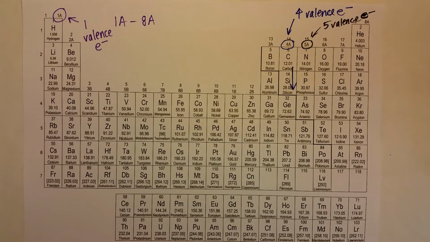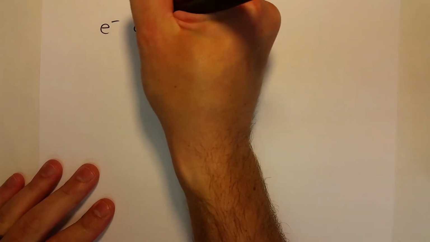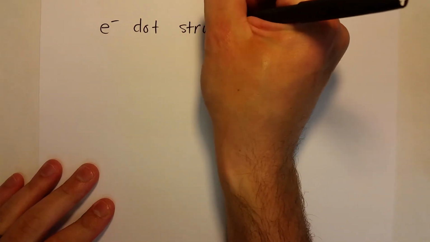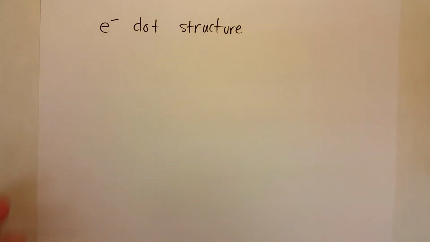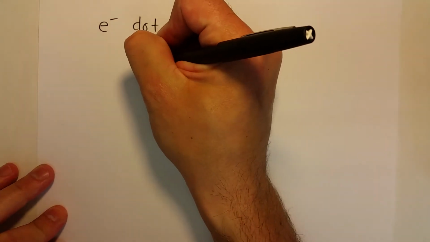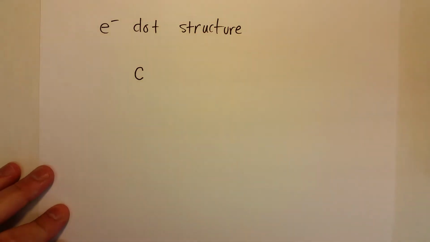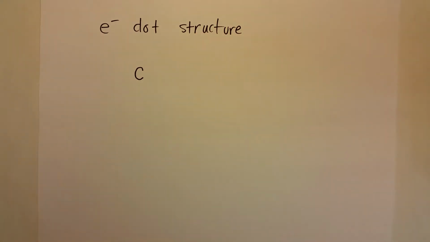Additionally, one thing that's going to help us when we start to build molecules and learn about Lewis theory is to be able to draw electron dot structures. Now, electron dot structures are very simple. Sometimes we want to very quickly show how many valence electrons a particular element has by first writing the symbol for the element and then using dots to represent each valence electron that particular element has.